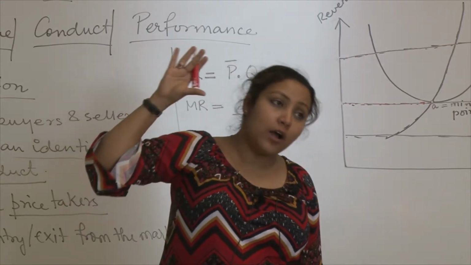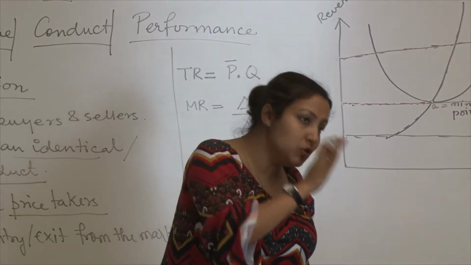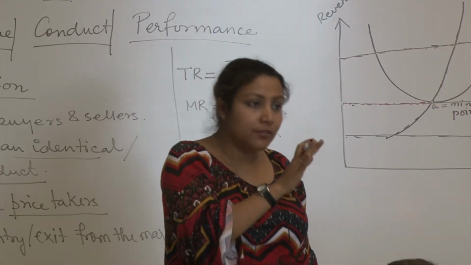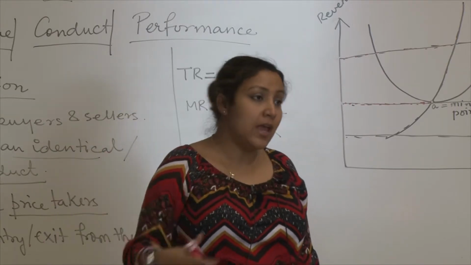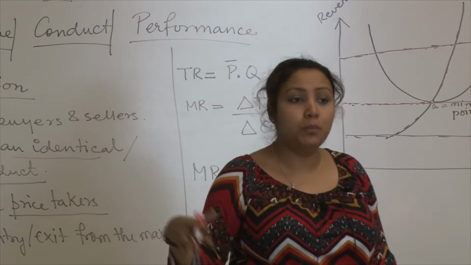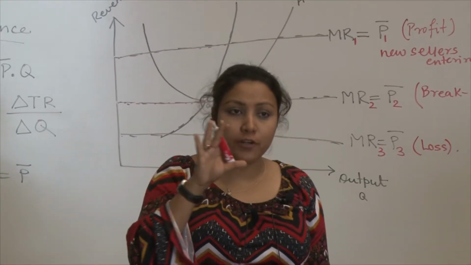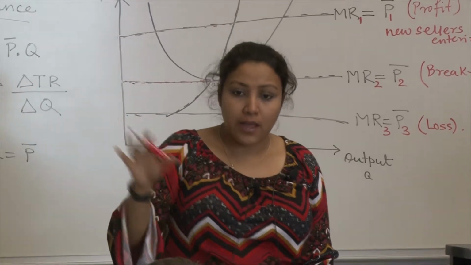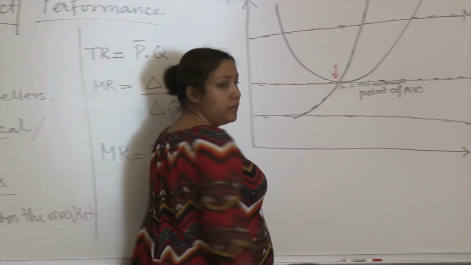As long as the profit stays in the market, as long as the market continues being attractive, new people will come in, and as more and more new people come in, eventually there will be a point when all that profit gets wiped out, right? And the market moves towards this break-even point.